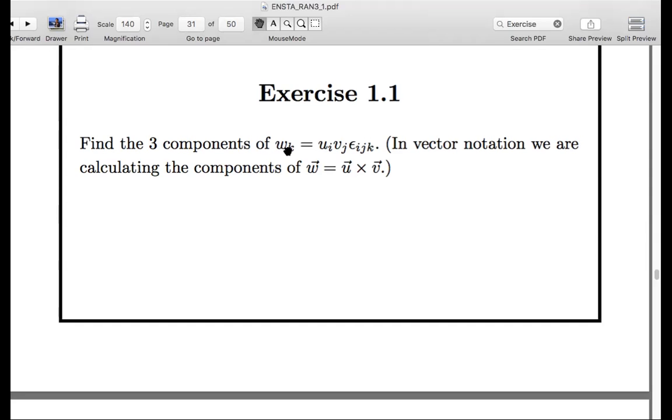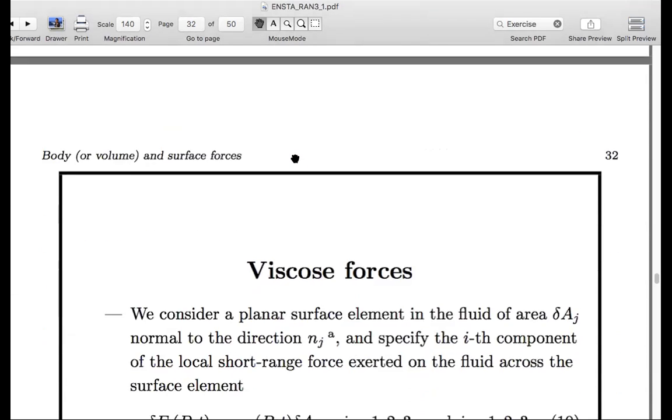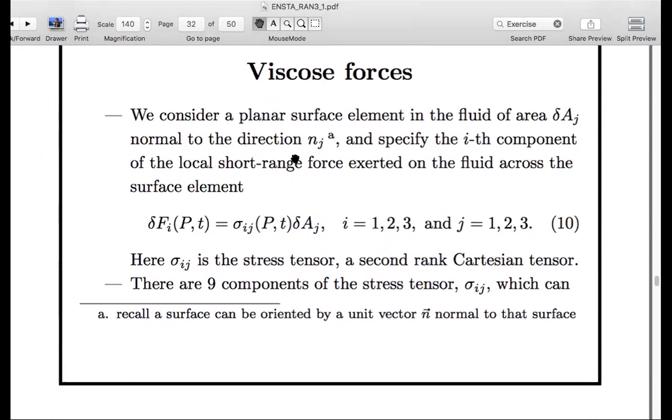W1 will equal U2 times V3 minus U3 times V2. So I've done 1/3 of the work for you. Please try and reproduce that on your own and get W2 and W3. Those are the three components of that cross product. Send me an email if you have a question, or we'll do it together on Thursday.